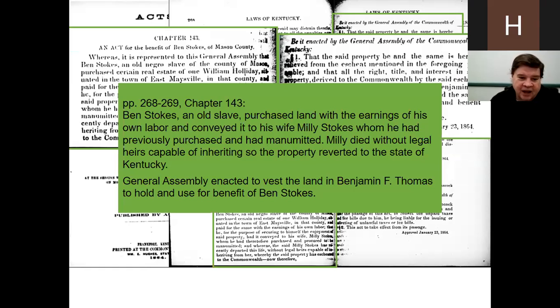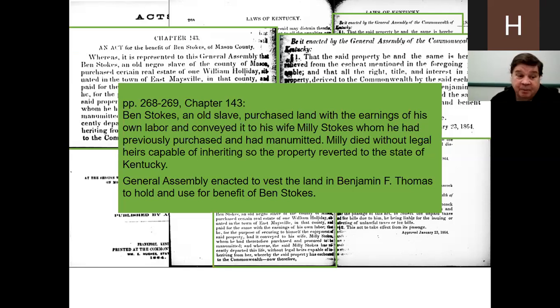He purchased land with the earnings of his own labor and conveyed it to his wife, Millie Stokes, whom he had previously purchased and manumitted. Millie died without legal heirs capable of inheriting the property, so the property reverted to the state of Kentucky. The General Assembly enacted to vest the land in a Benjamin F. Thomas to hold and use for the benefit of Ben Stokes.